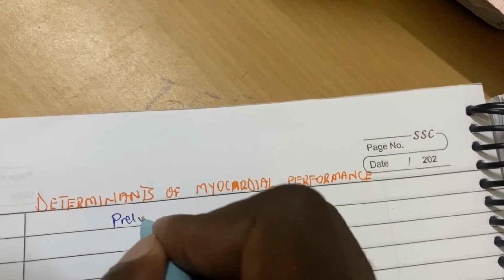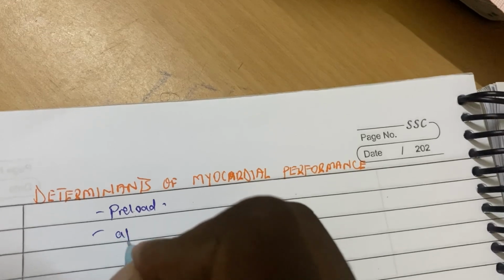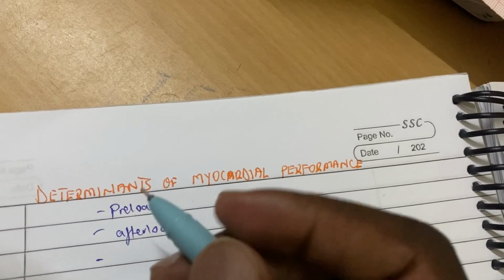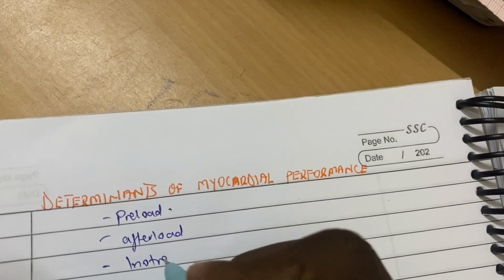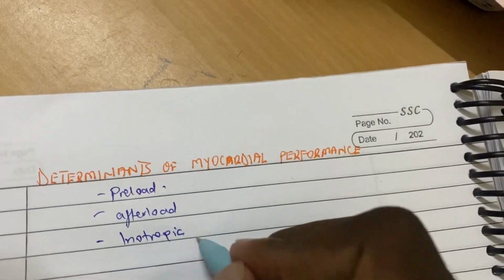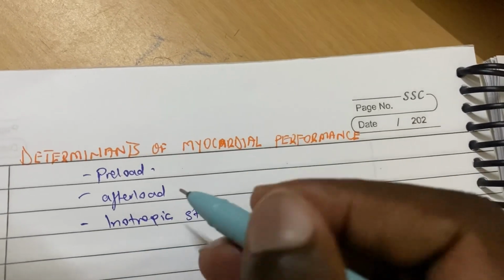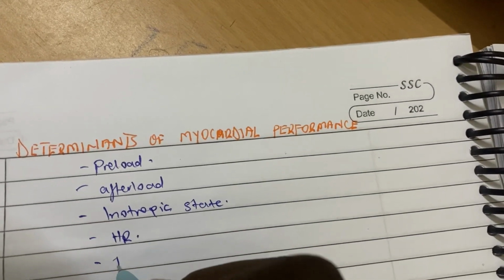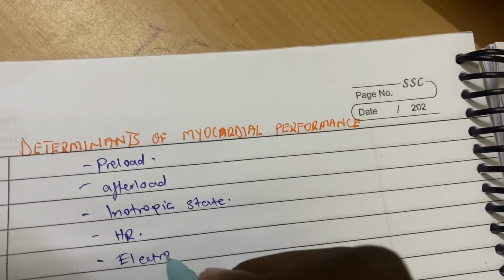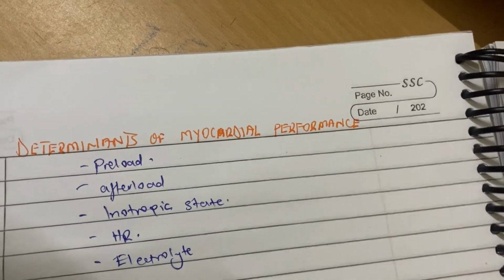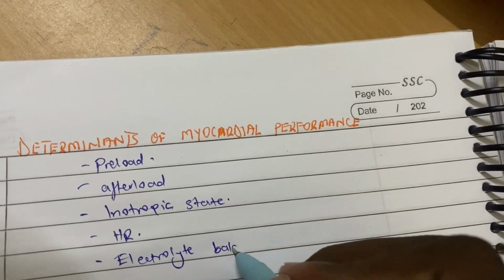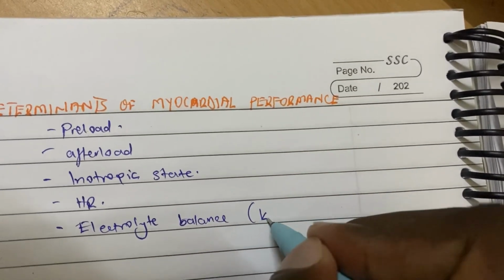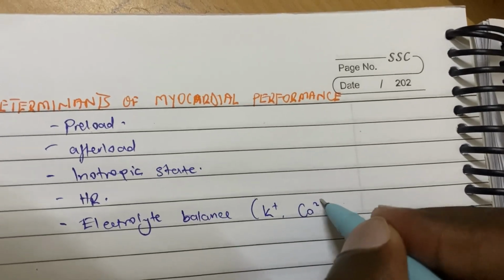We have the preload, afterload, inotropic state, and then heart rate, and then others like electrolyte balance, like potassium, calcium.